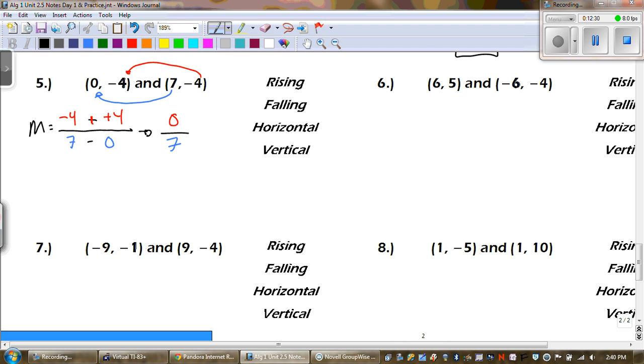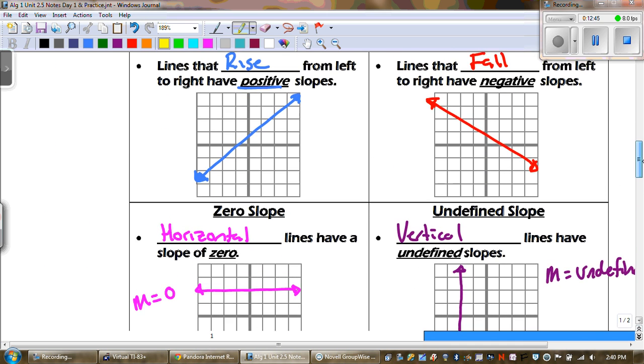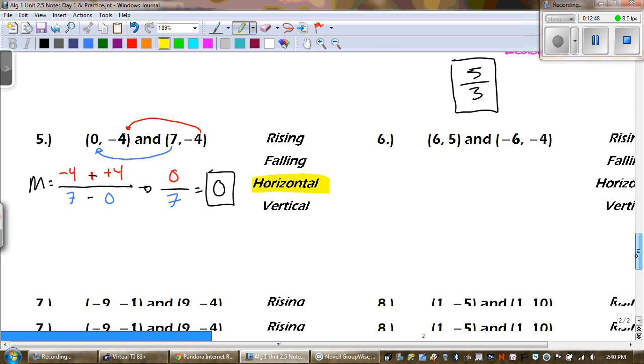And when we divide that out, it equals 0. Okay? It's not undefined because you can get an answer for that. So we know that that will be horizontal. And if you guys need to flip over and look at your little cheat sheet from the notes that we did, do it.